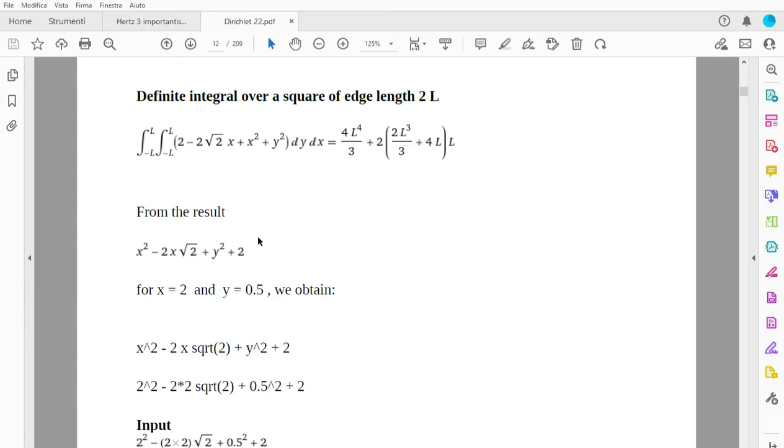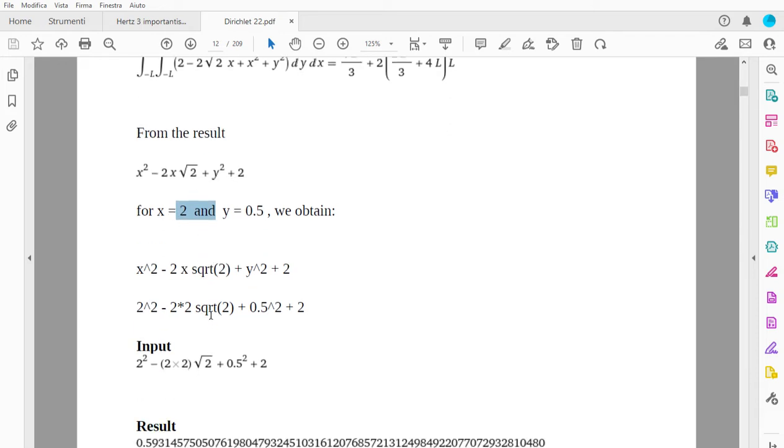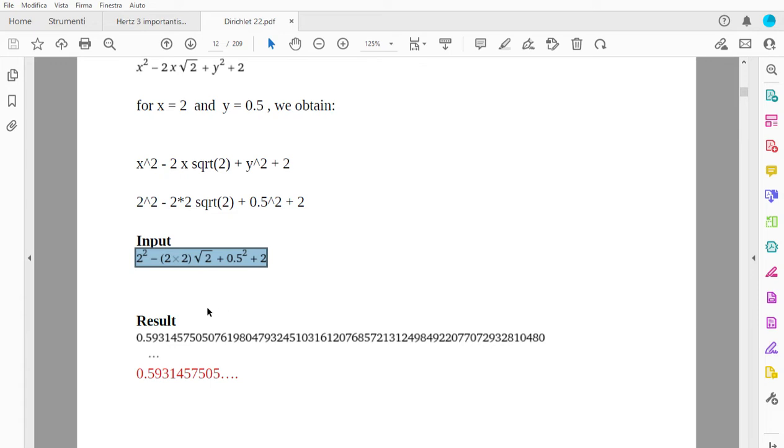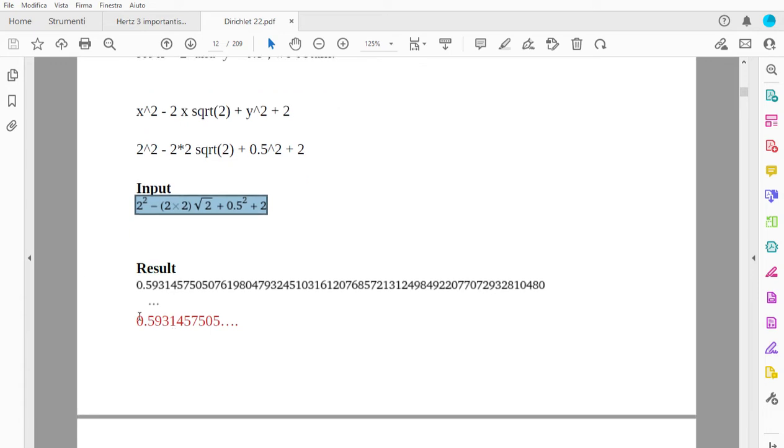From the result that we have previously obtained, for x equal to 2 and epsilon equal to 0, this value, this for x and epsilon equal to these values, we have the following expression, and then this result.